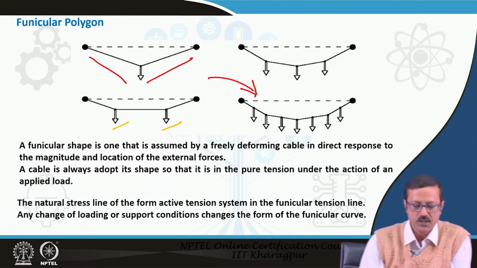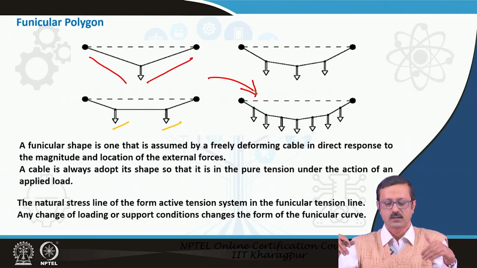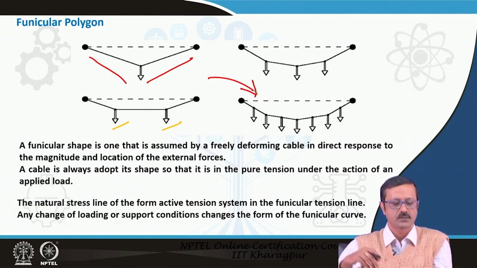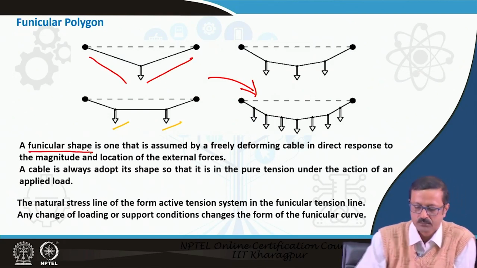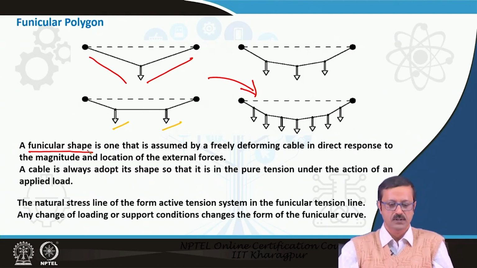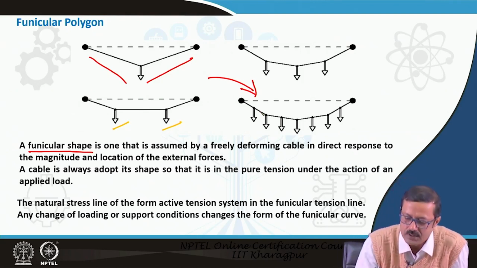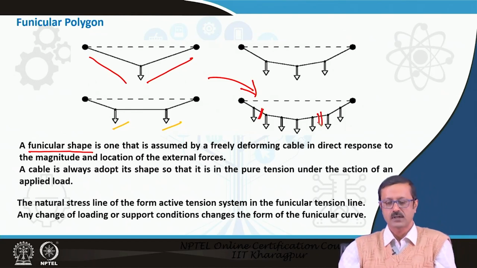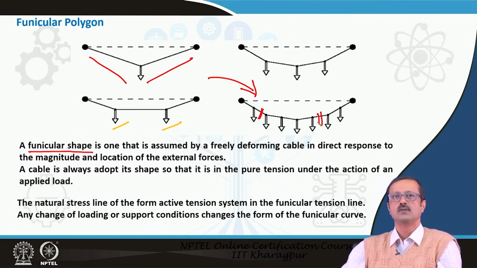This shape exists because of the different loading at different points of the cable, and it is called the funicular shape. It is an extremely important shape in the case of a cable supported structure. Each and every part of the cable, in any position of that funicular polygon, will be under pure tension.